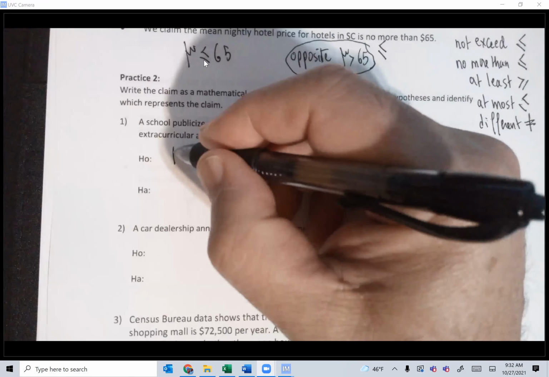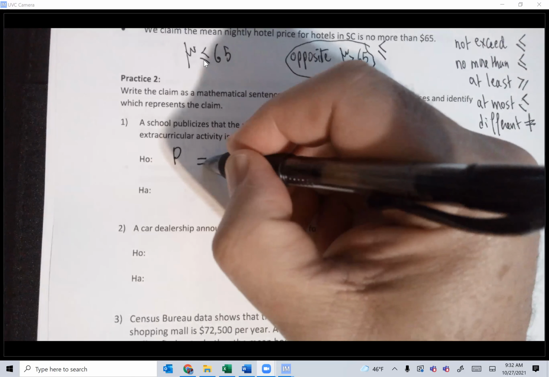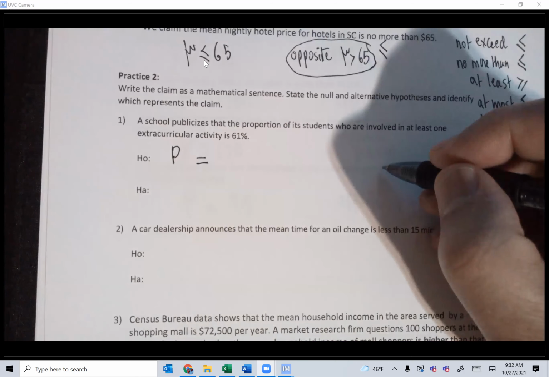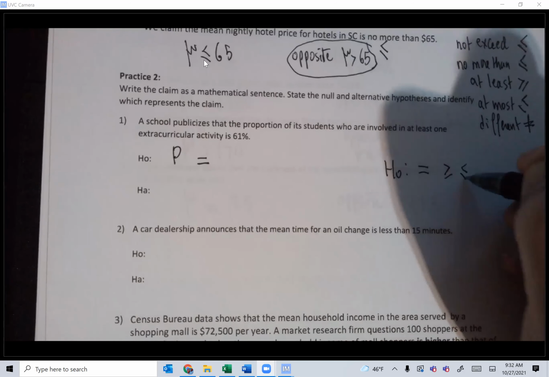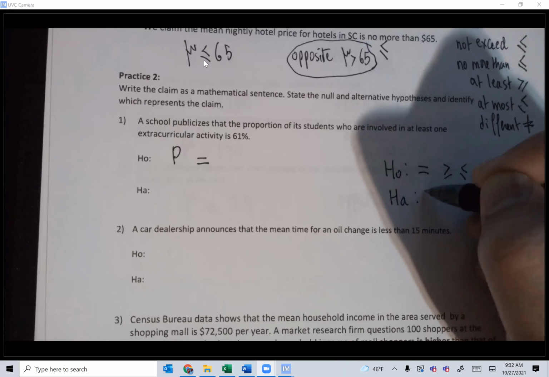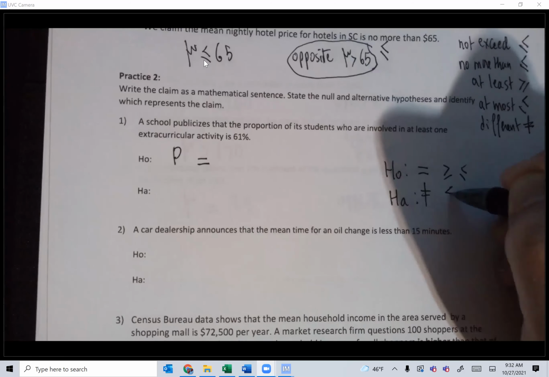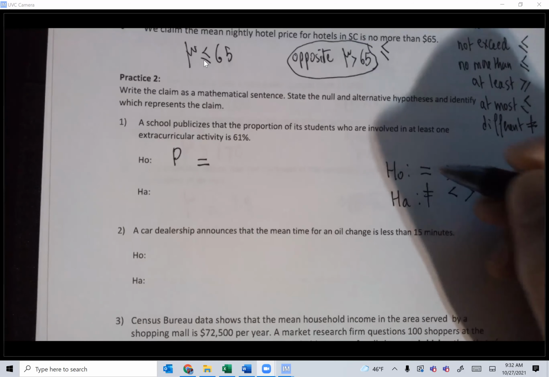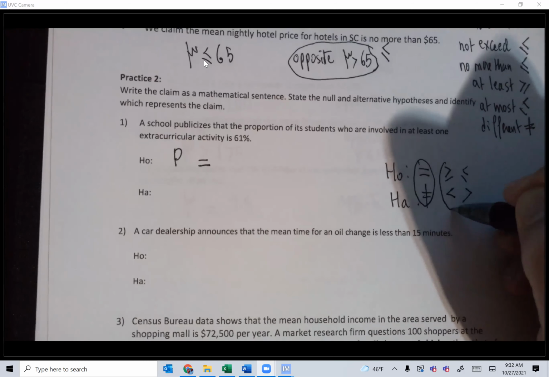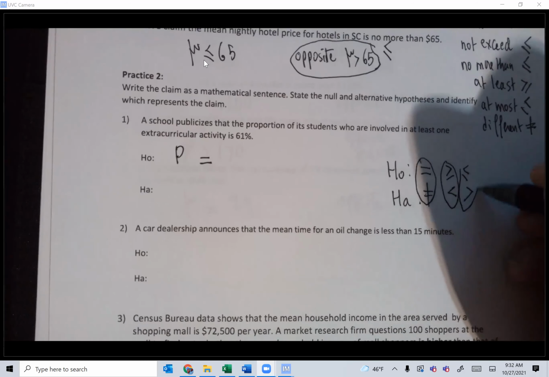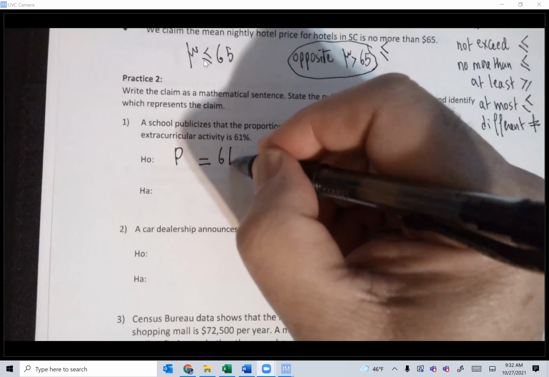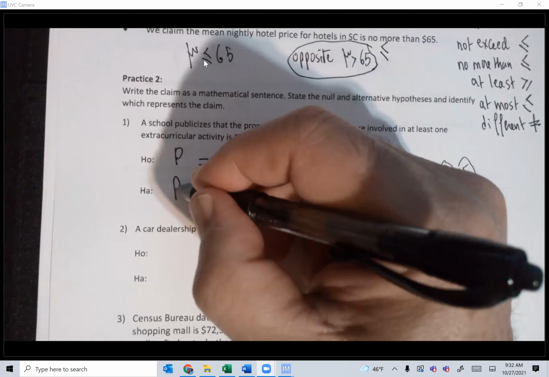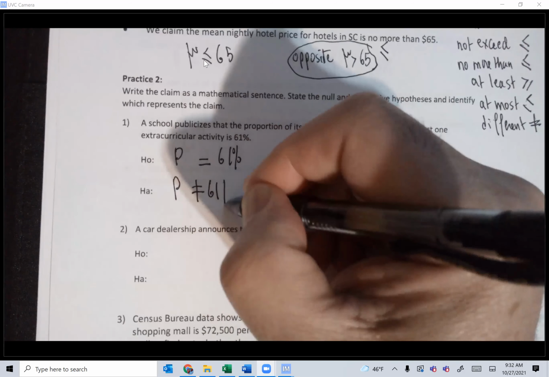So the equal we know has to be in the null hypothesis. Remember, H0 only can take one of those, and HA only can take one of those. And these have to come together always. So p equals 61%. And guys, agree with me that p not equal to 61% should be in the alternative.